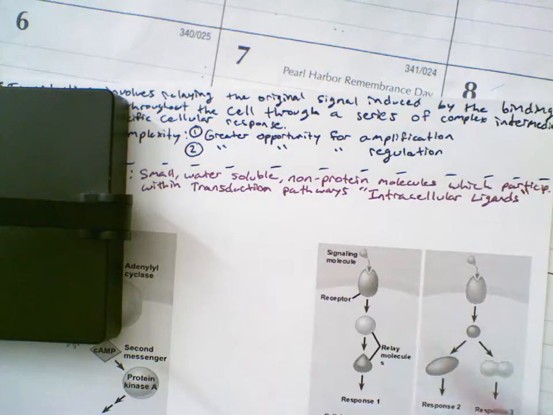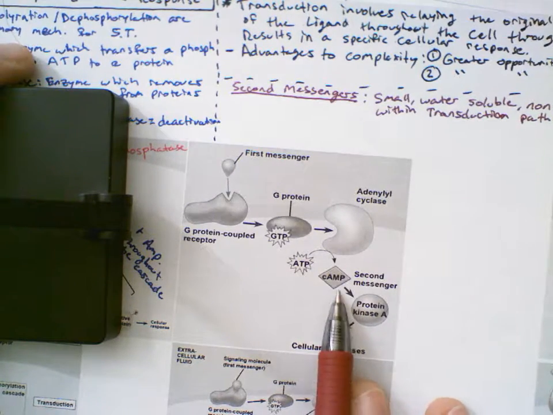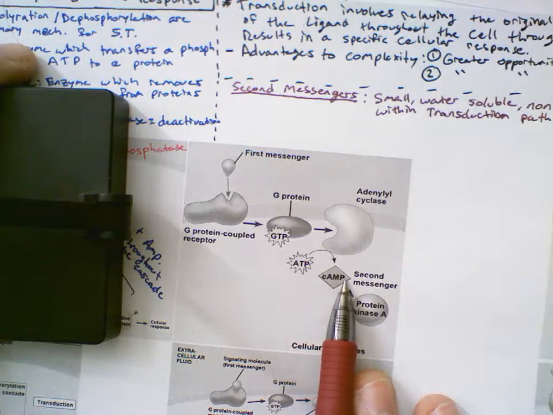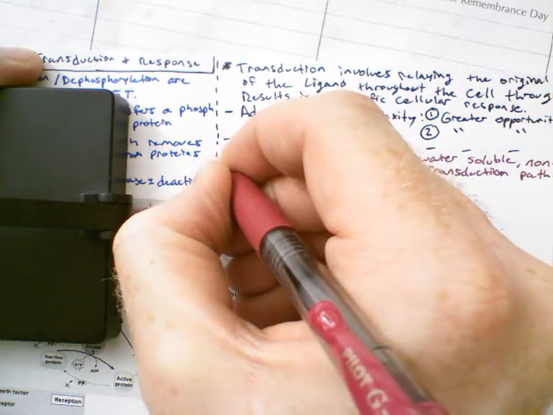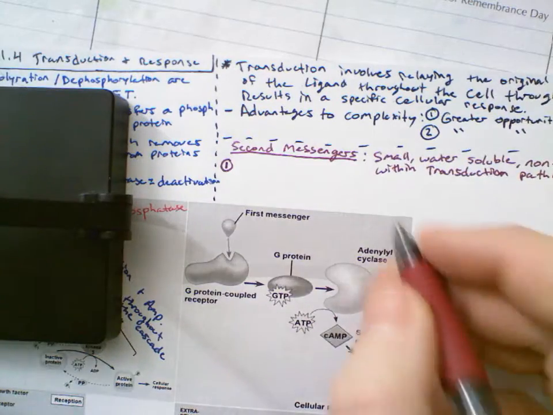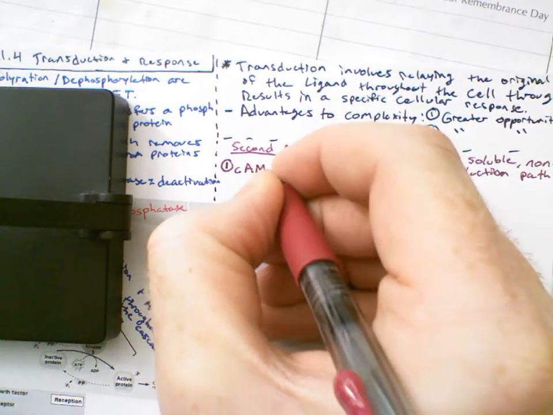All right, is everyone caught up to here? So the first one we're going to look at is in this very first box here. And this is focused right here on the cAMP, the cyclic adenosine monophosphate. Okay, so lowercase c, uppercase AMP.